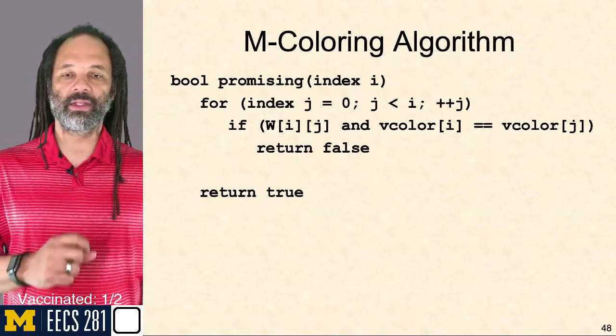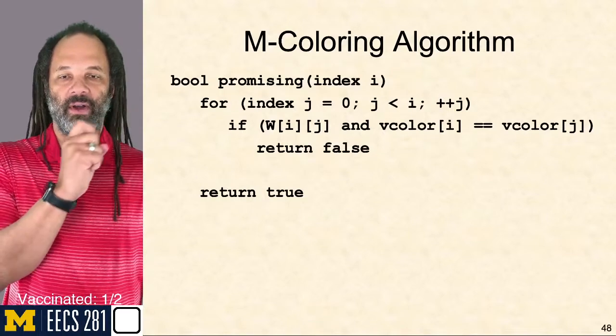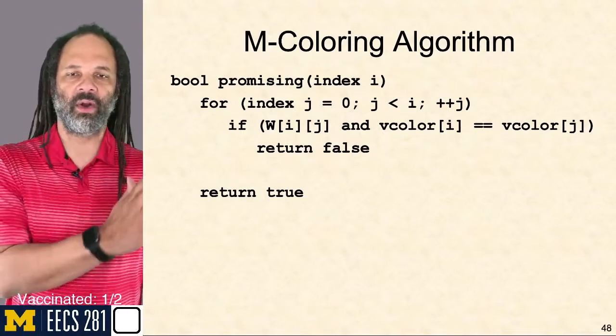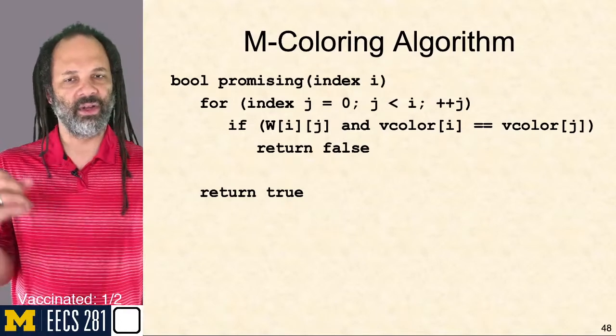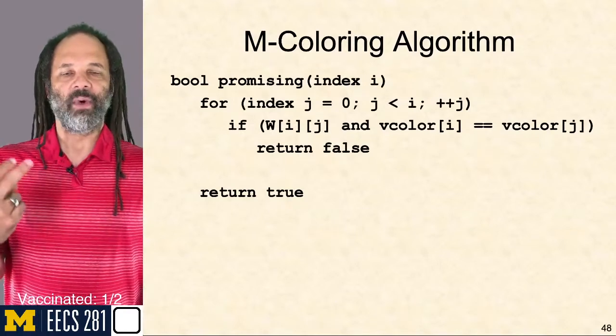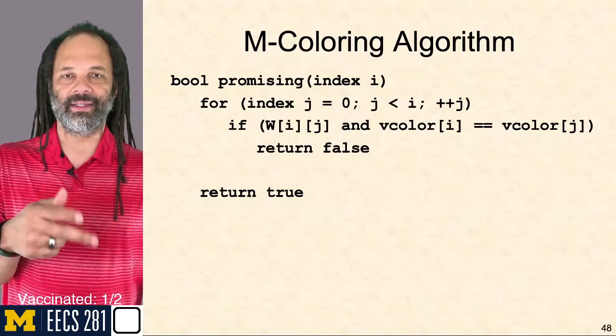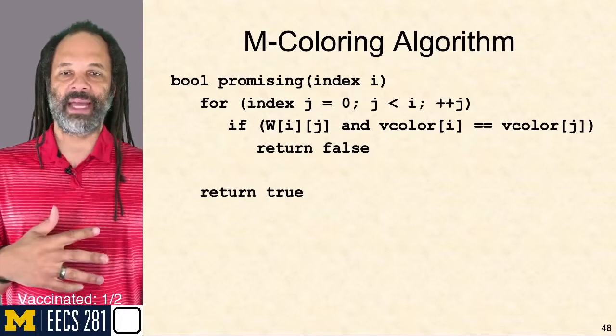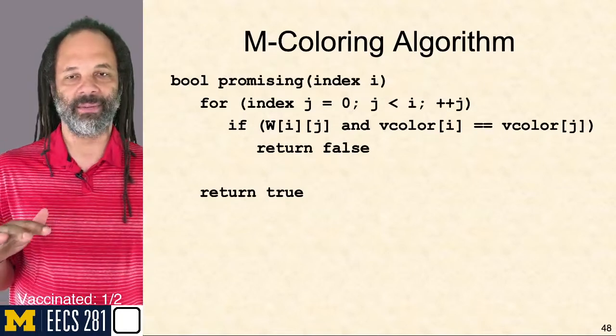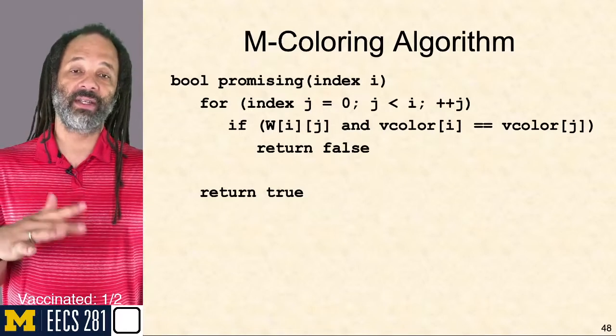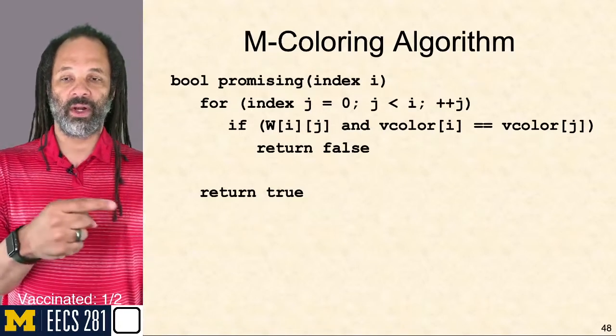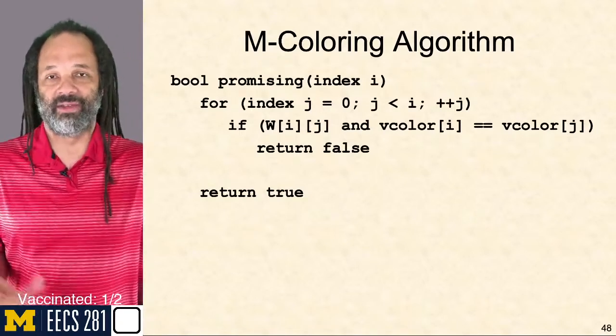All I need to do is go back through all of the other vertices, because I'm coloring these in order. So if I'm coloring the third one, I just have to look at the first and second and see, if the first or the second is adjacent to the third and they're the same color, not promising. But if they're neither adjacent nor the same color, we end up returning true, saying, hey, that's a good way to try to color 3.